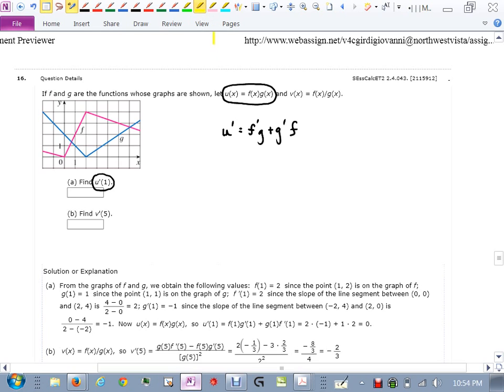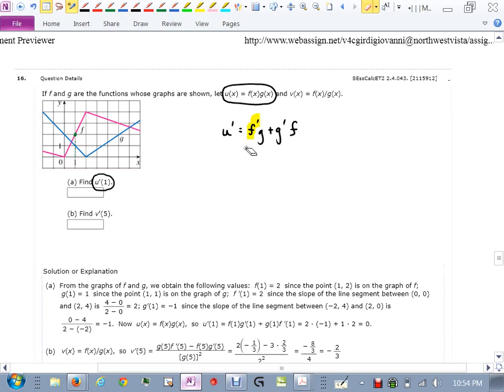So first, let me look at this. What would be the derivative of f at 1? So here's your f function. If I go to 1 on the x values, so that would be here, I go up to the function, and I want to know what the derivative is at that point.